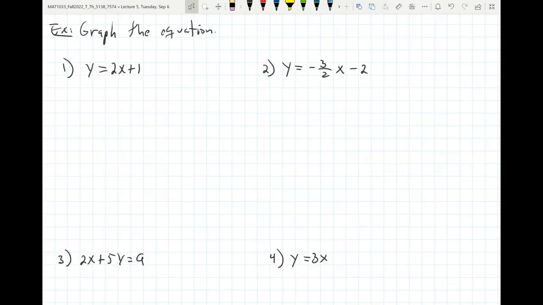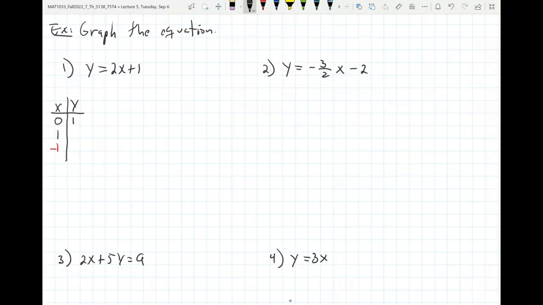Okay? All right. So let's see, x and y. So I'm going to pick x equals 0. Okay, I'm going to pick x equals 1, and then I'm going to pick -1 just for testing purposes. But we don't really need that third point. But that's just for testing purposes. So let's see. When x is 0, what is y? 1.